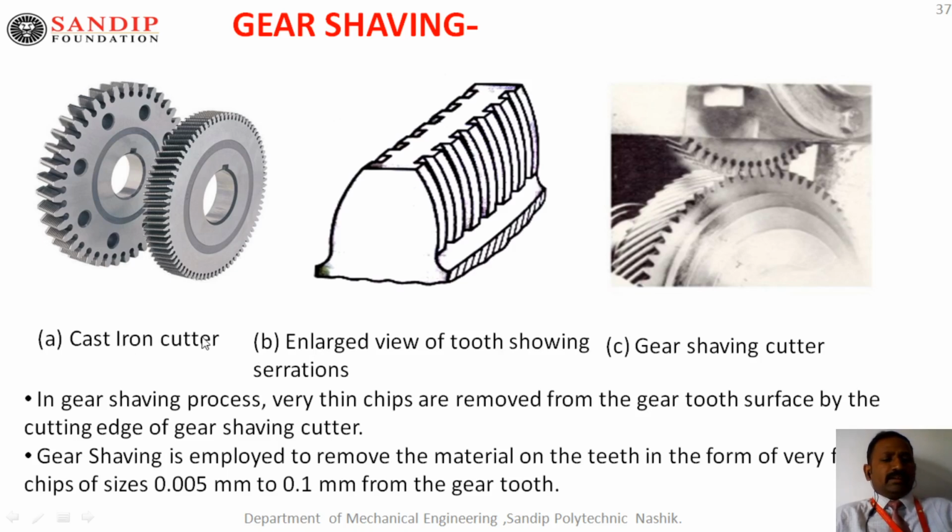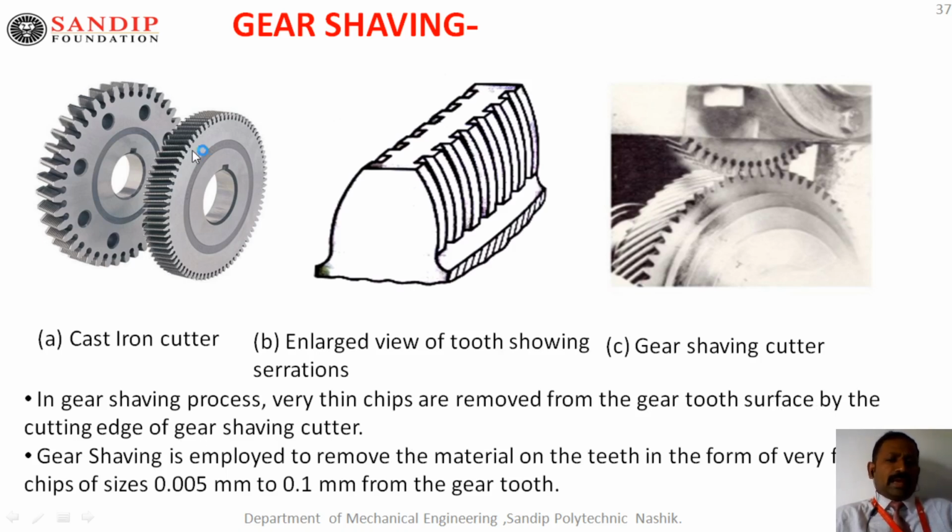The figure shows a cutter, an enlarged view of the tooth showing serration, the exact gear shaving process. In this process, very thin chips are removed from the gear tooth surface by the cutting edge of the gear shaving cutter.